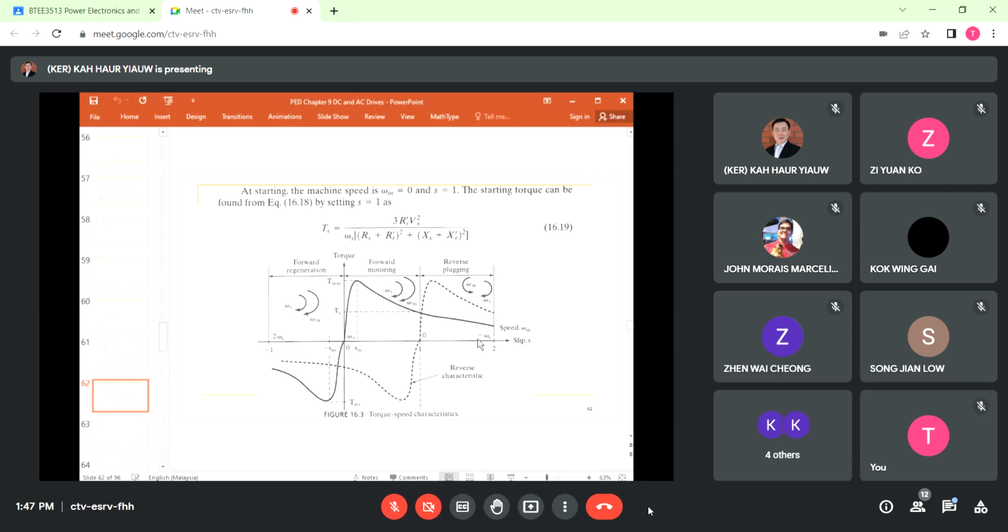In reverse plugging, the speed is opposite to the direction of the field and the slip is greater than unity. This may happen if the sequence of the supply source is reversed while forward motoring, so that the direction of the field is also reversed.